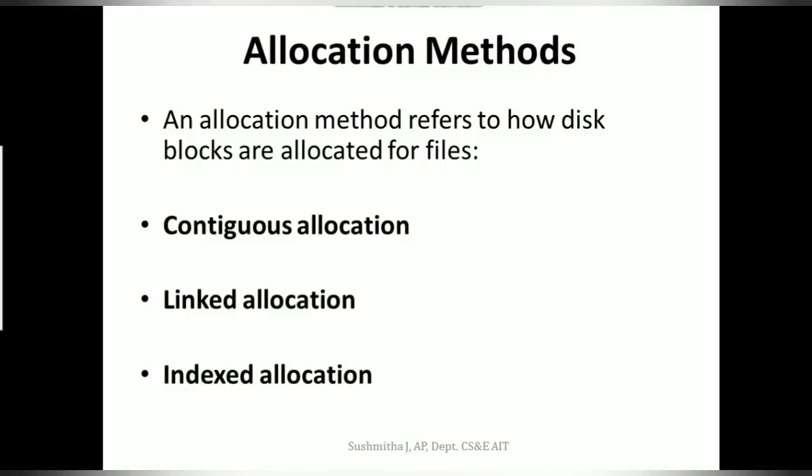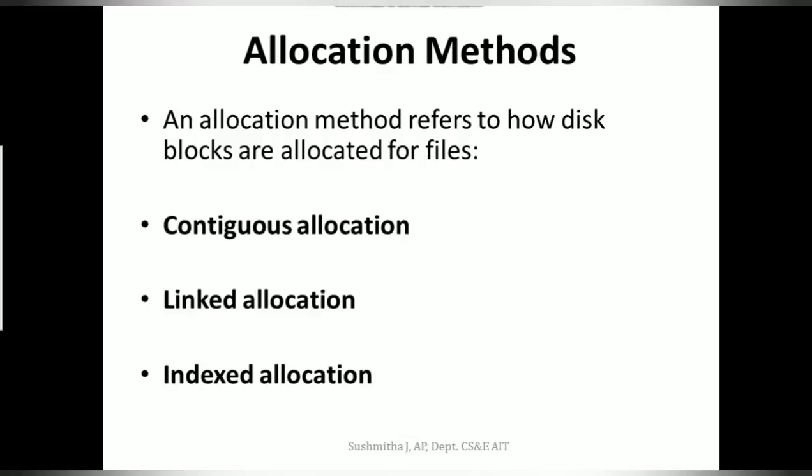Now when I say disk or hard disk, the access method that is followed in the hard disk is direct access. So this allows us flexibility in the implementation of the files.